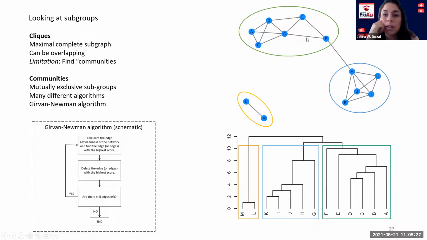We're not going to entirely remove the edges from the network, but the removal of the edges shows us where different communities may lie. And we can see this with an example of a dendrogram. So here, this network with three communities is shown in our dendrogram, or tree graph.